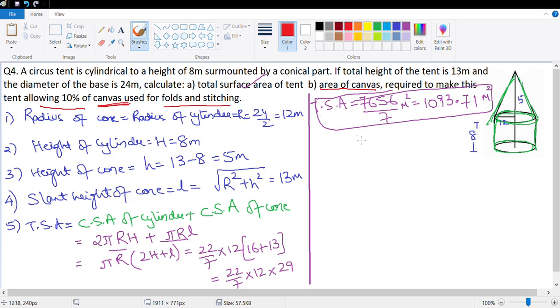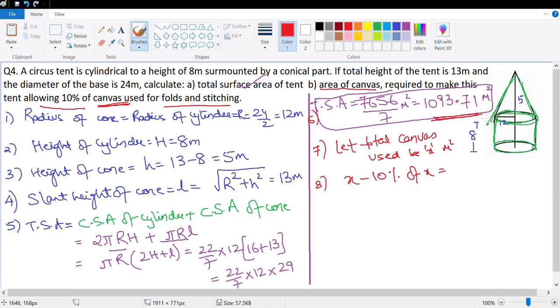So we don't know how much the total canvas is being used, but whatever total canvas is used, 10% of that is wasted, which means let total canvas used be x meter square, which means x minus 10% of x is equal to what is required, which is, instead of 1093, let's keep it in fractions so that in case we can simplify it.